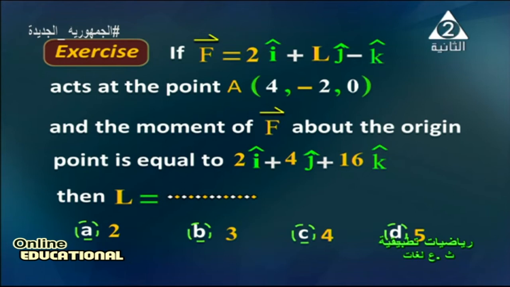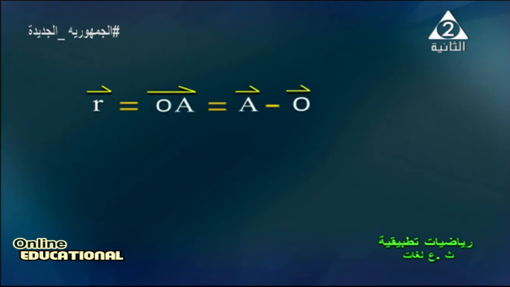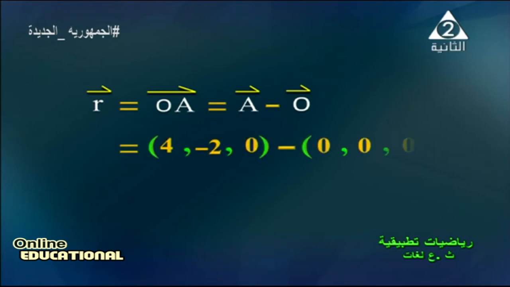Now we have a force F and we have the moment about the origin point. We can use the vector R, or the position vector of the point A with respect to the origin point. Vector OA equals vector A minus vector O. Vector R equals (4, negative 2, 0) minus (0, 0, 0).